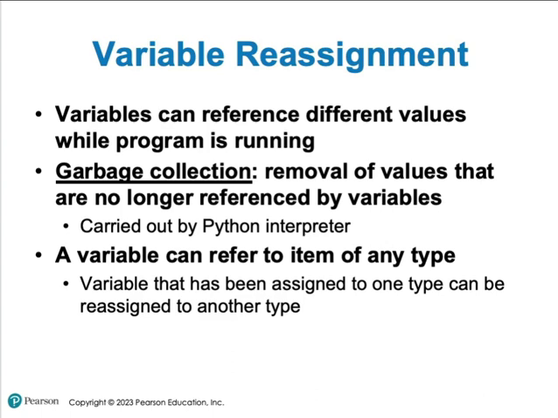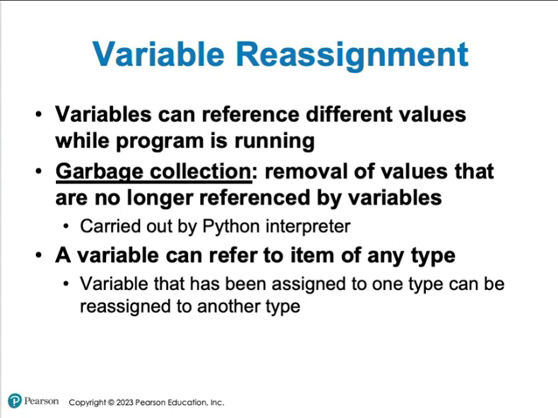Python and some other languages have something called garbage collection. A variable in Python is really a reference to a memory location.